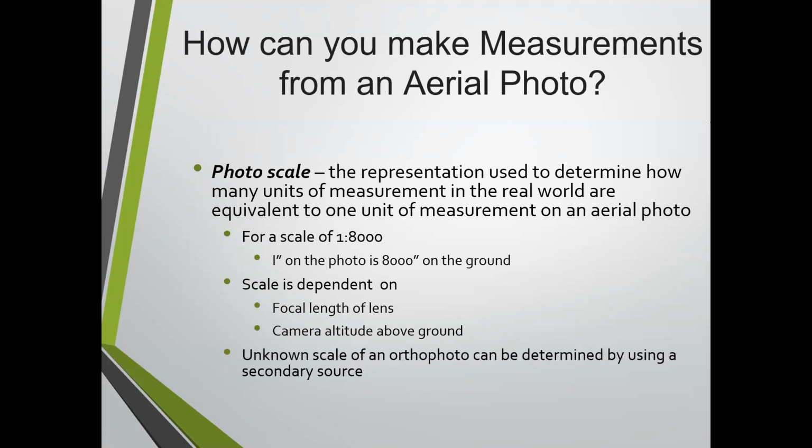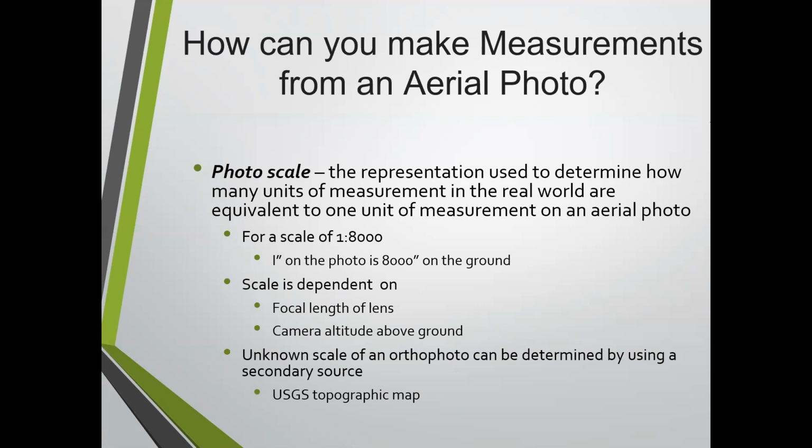An unknown scale of an orthophoto can be determined using a secondary source, such as a map, as long as you're looking at the same area where you have your orthophoto. Again, the key term there is that you have to have an orthophoto to do this process, because if you have an unrectified photograph, remember the scale factor across the photo is not going to be true.